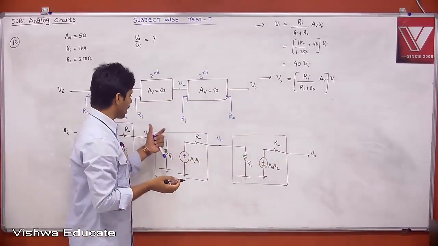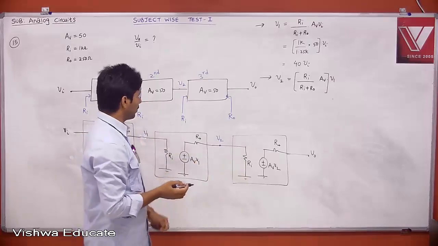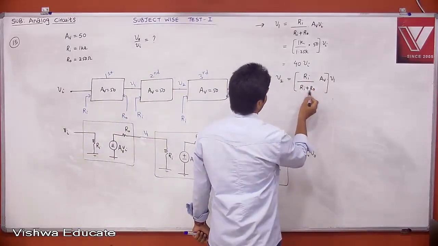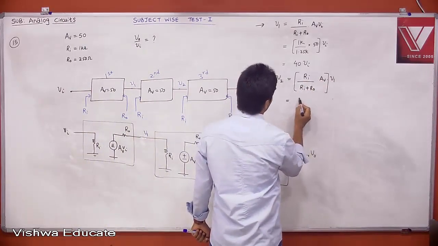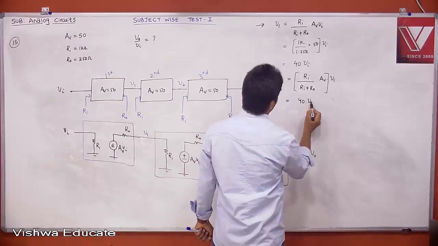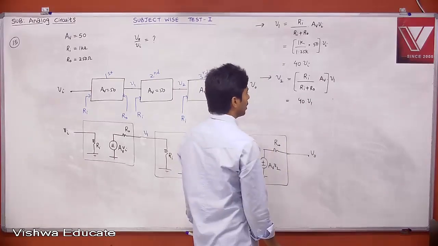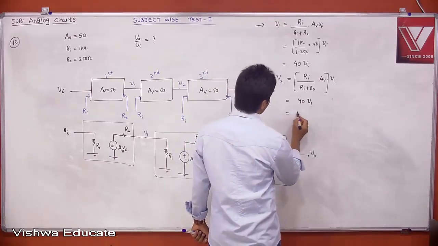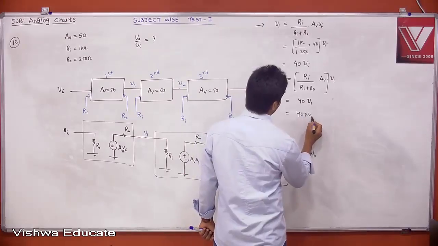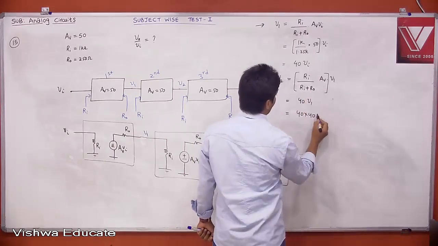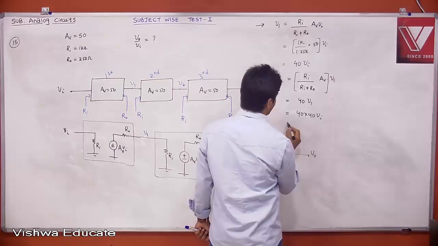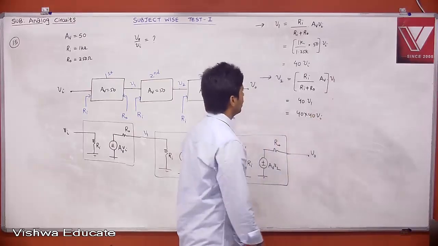For this also, what is your effective gain? Having the load, the effective gain will be equal to 1K divided by 1.25K into 50 only. Therefore you will get 40 into V1. Because V1 is 40 Vi, this is nothing but 40 into 40 Vi.